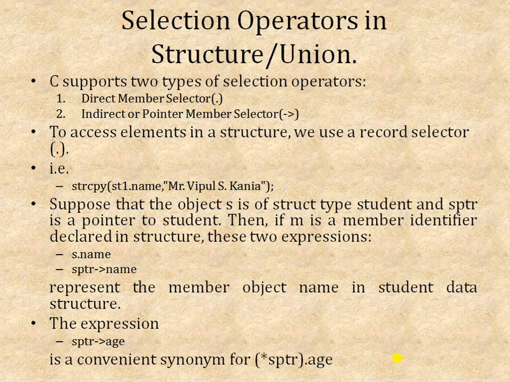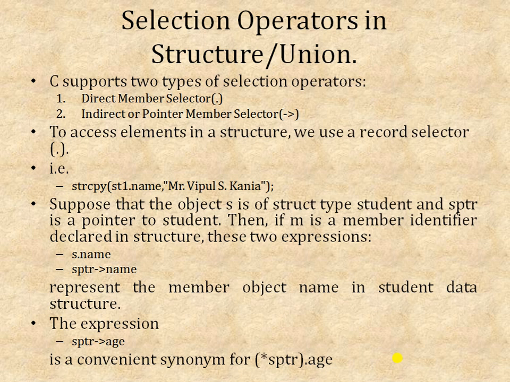For example, if I would like to assign a value to the name member of structure student in the st1 variable, then I can write strcpy, st1, which is a structure variable, dot name, which is a member of the structure, equals whatever value you want to store in it.